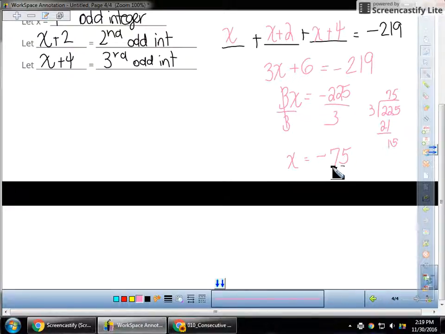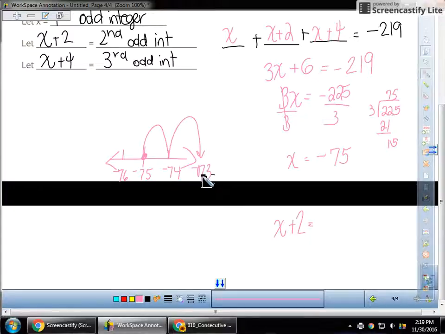Now here is the tricky part with negative numbers. I know that my next integer is x plus 2. If I were to look at the number line, I have negative 75, negative 74, negative 76. If I'm here and I'm adding 2, I'm going to move to the right 2. So this would actually be negative 73.